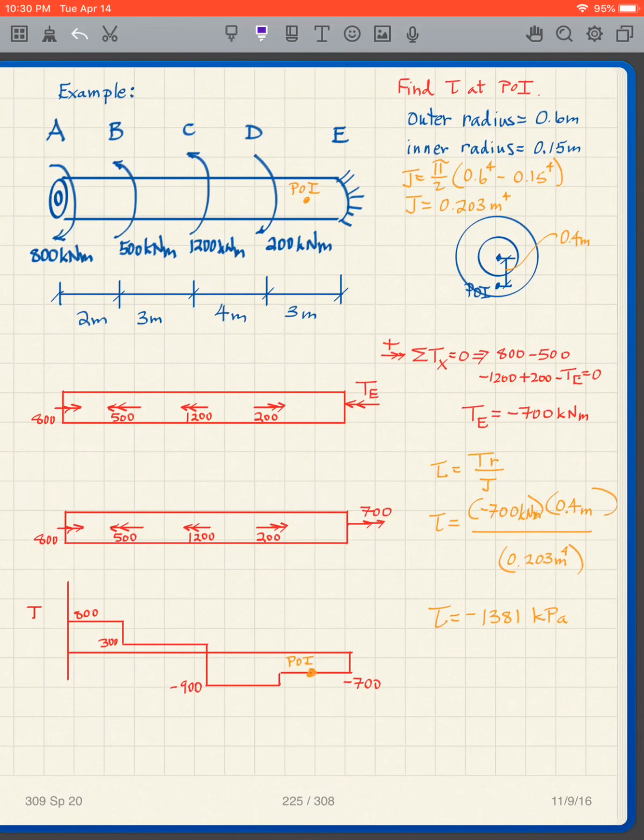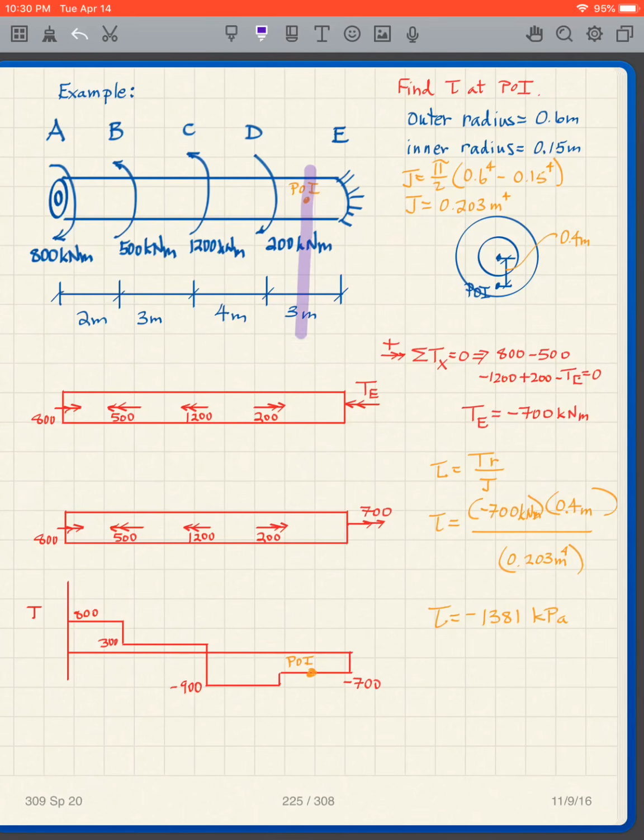And remember, if it goes to the right, I go up. To the left, I go down. So start at 0, I see 800, I jump up 800. Straight across, down 500. Straight across, down 1200. Straight across, up 200. Straight across, up 700. And I get my torque diagram starting at 0 and ending at 0.